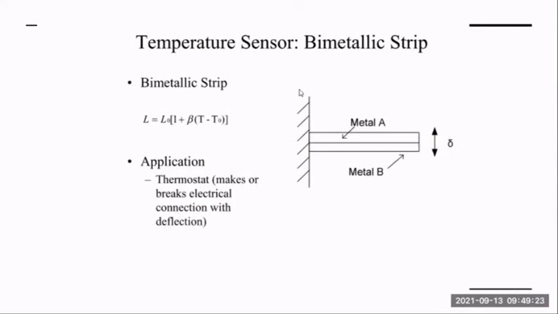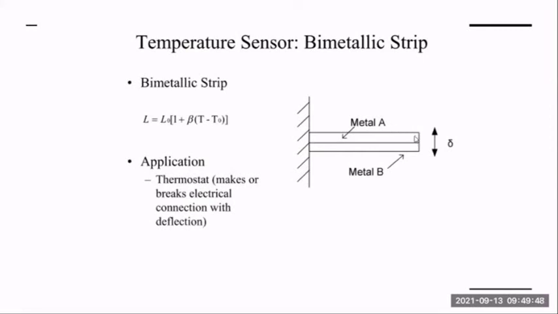How does this usually happen? There is a current passing through these two metals, so this is part of the conduction. Then when we apply a high temperature to these two metals, they react differently, because they are usually made up of two different metals.